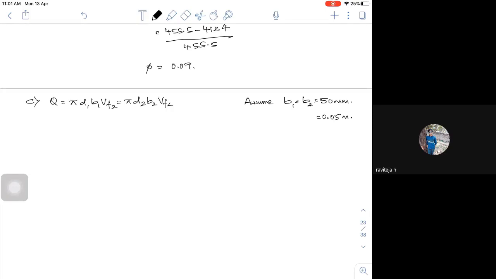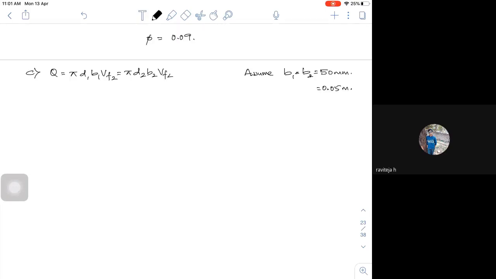So if I do that, I know the value of D1. Pi into my D1, which is around 0.25 meters, and 0.05 into 135. I am going to get my Q, which from my calculator is around 5.3 meter cube per second.